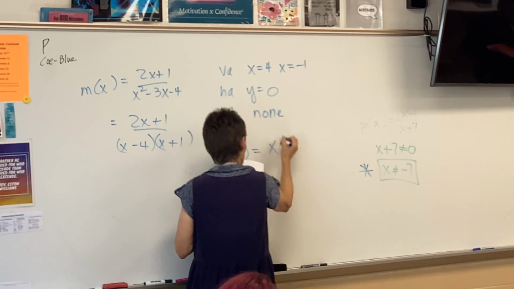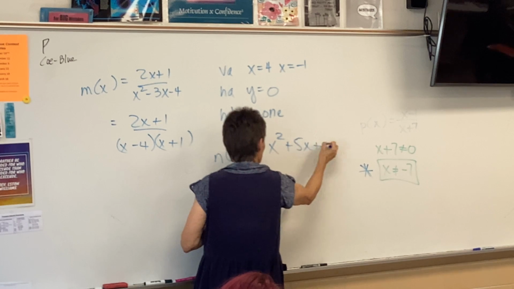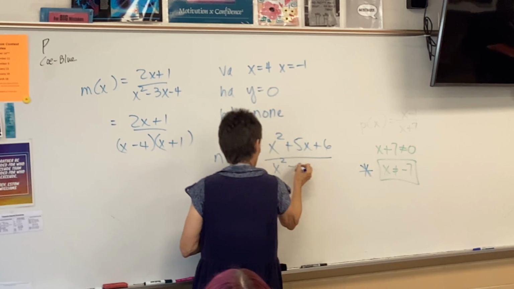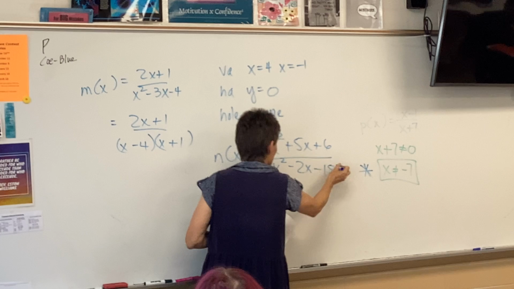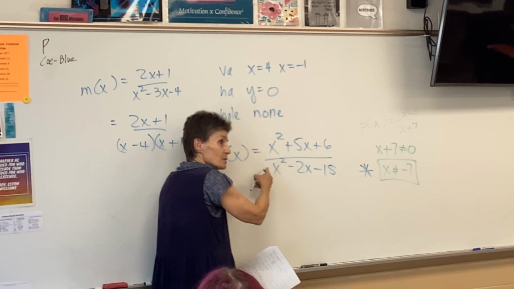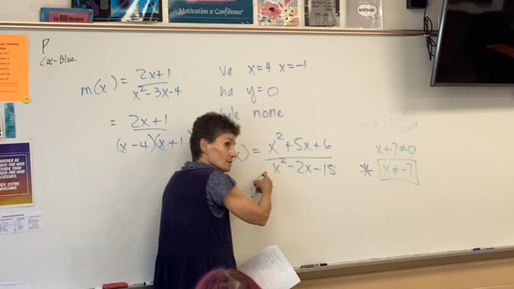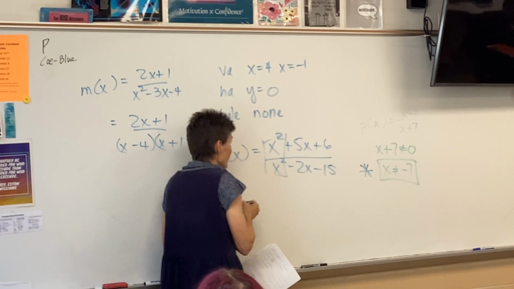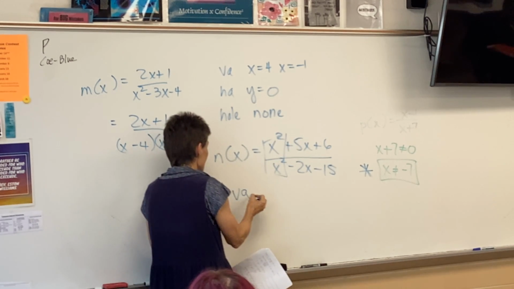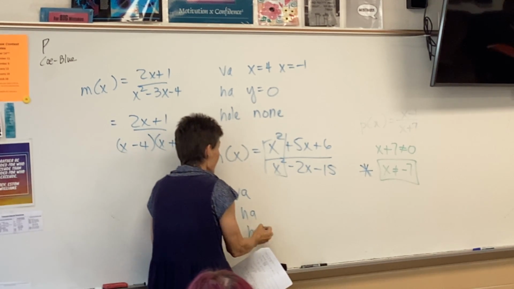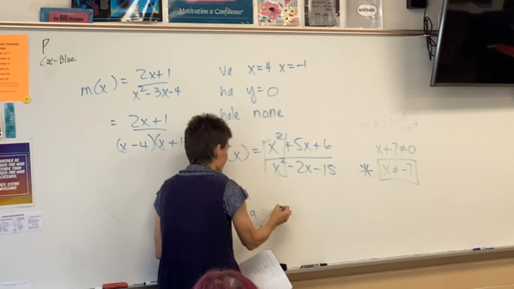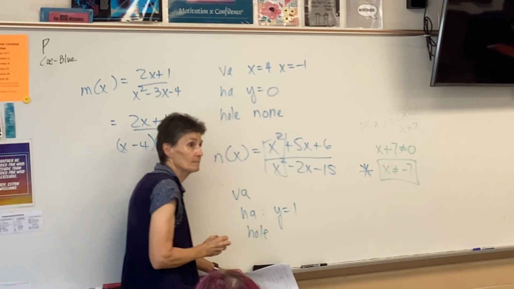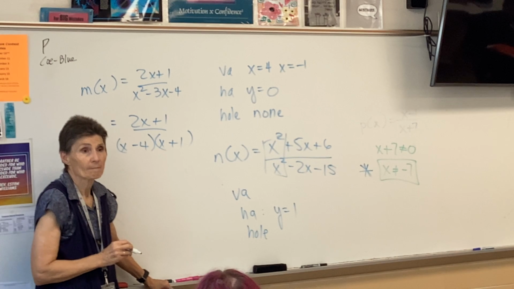Same thing, we're gonna find all the asymptotes and holes. Now, what do you notice about these powers? They match. So I can box those in, and what is x squared over x squared? y equals 1. 1 over 1.